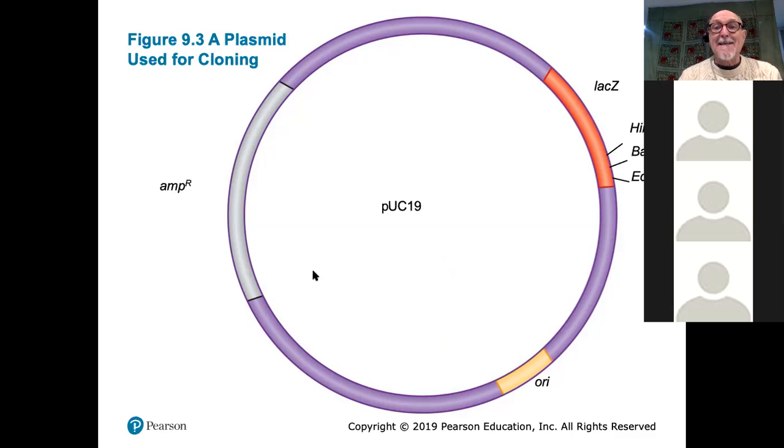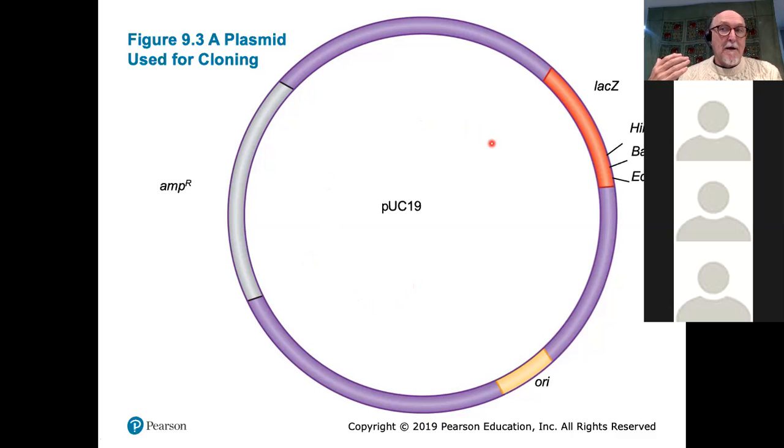So pUC19, a very famous plasmid, based on a natural plasmid, which has been highly modified. There are a couple of important things to note. pUC19 can be inserted into cells using a completely natural system of uptake called competence.